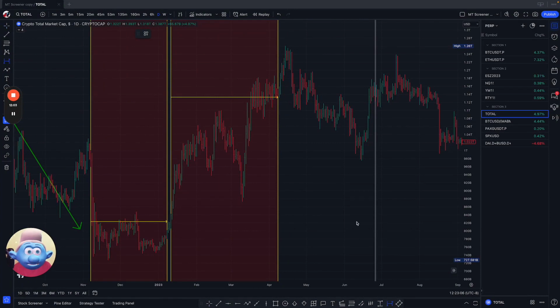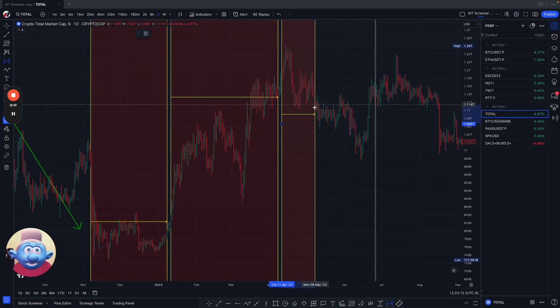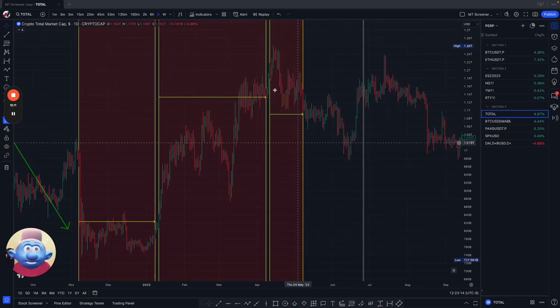Then stage three would be the distribution phase. We'll call that right here. And this is when all the profits from the accumulation phase are being distributed to all the retail who's super late to the move. So you'll potentially have upward trending price action, but with increased volatility.